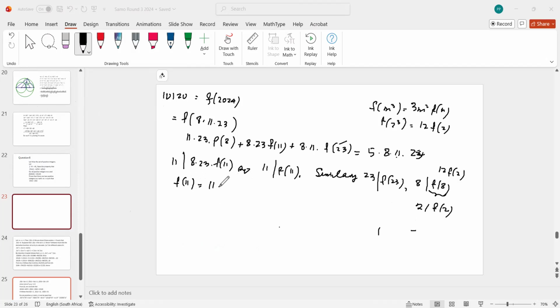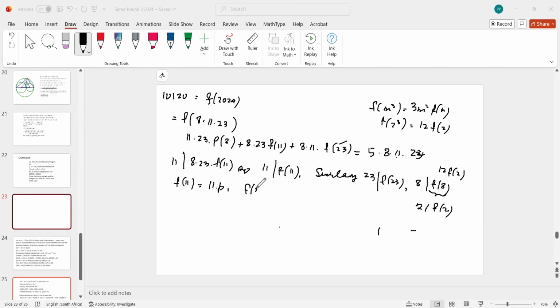is equal to 11 times an integer. A positive integer. Okay, let's put it this way, sorry. F of 11, we'll just call it 11p.